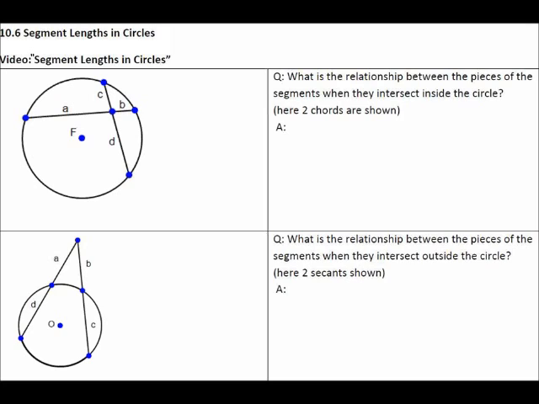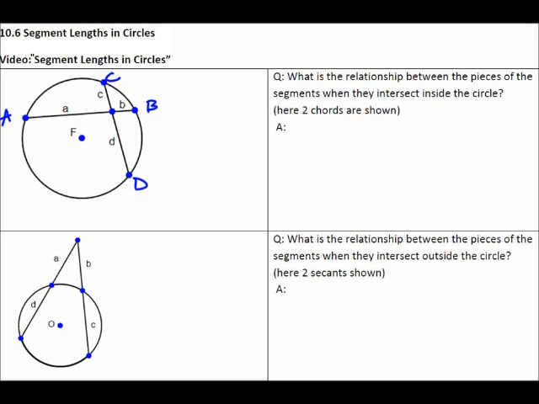So our first property: what is the relationship between the pieces of the segments when they intersect inside the circle? In our diagram, we have two chords shown. The chords are made up of pieces little a and little b, so I'm going to label this as big A and big B. And this other one I'm going to label as chord big C and big D. These chords are actually going to divide each other proportionally.